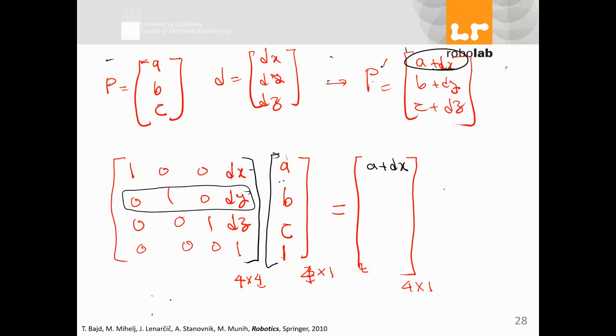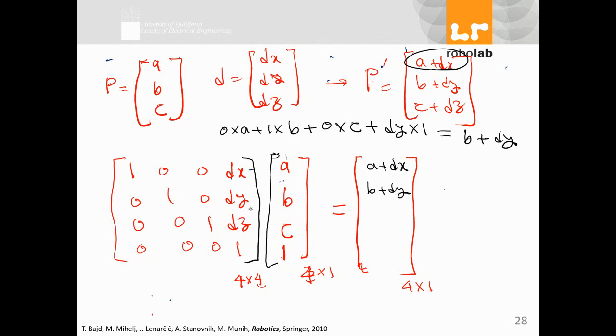If you multiply the second row, it will exactly be 0 times A plus 1 times B plus 0 times C plus dy times 1, which would be B plus dy. Exactly. Thank you very much, Farhan and Paul. So it will be plus dy.